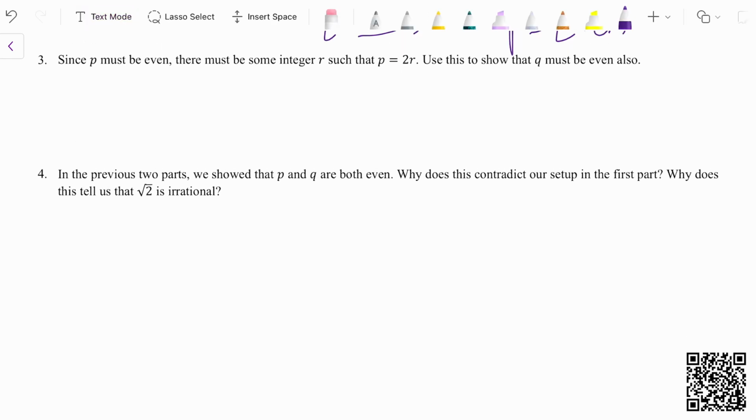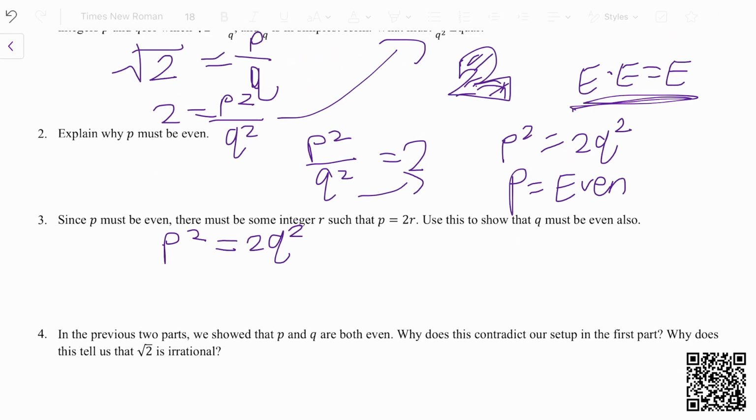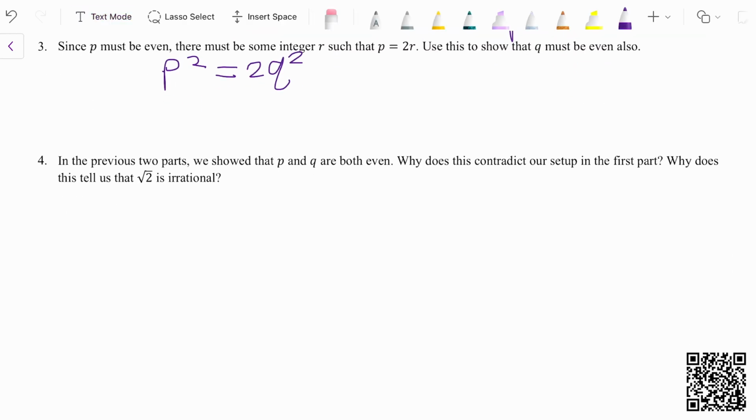Question number 3. Since p must be even, there must be some integer r such that p is equivalent to 2r. Use this to show that q must also be even. And this is where things start getting a little wonky. So if p squared is equivalent to 2q squared, like we said in the previous problem after breaking it down, and we can replace p in this case with 2r, since we said p is equivalent to 2r.